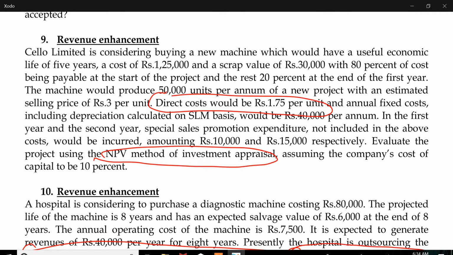Next point. Tax rate has not been given in the question, and the same was assumed as 30%.